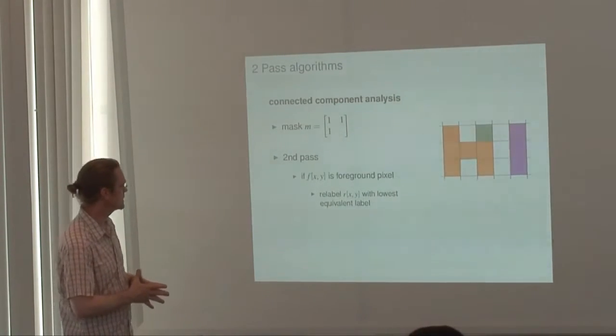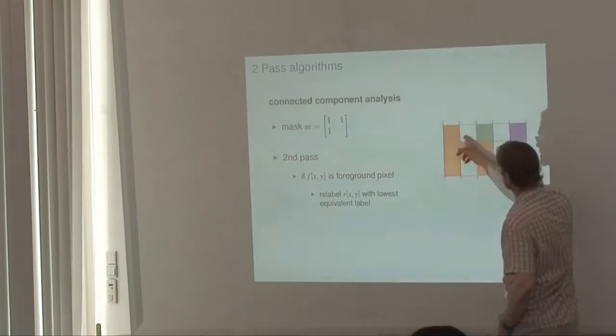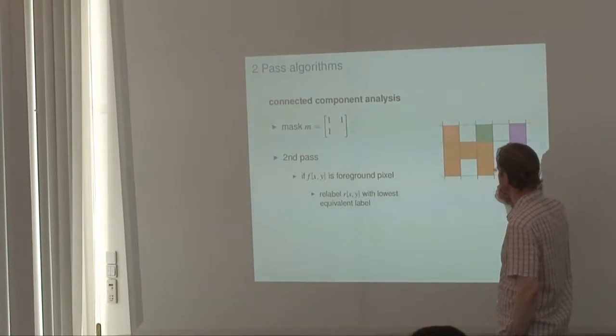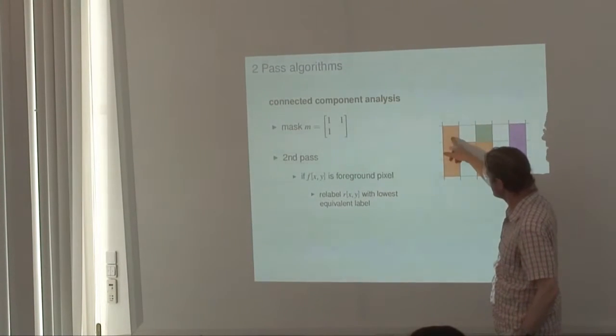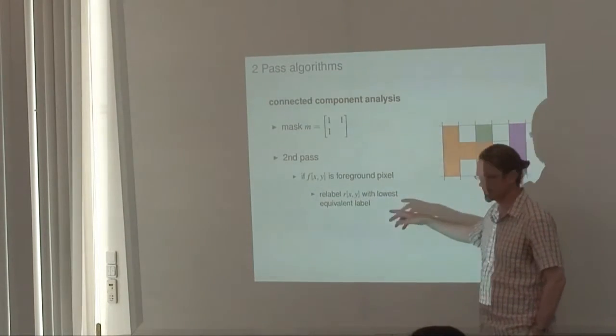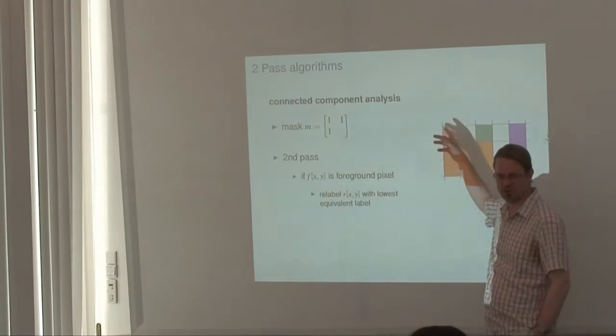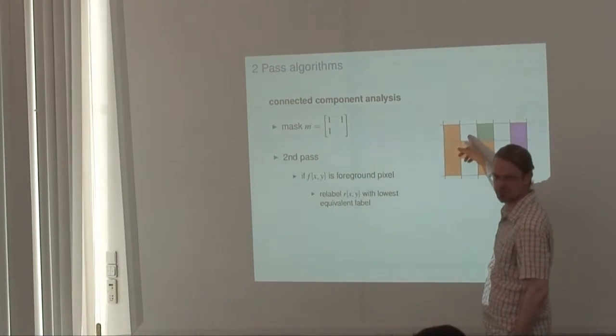What we do here is, in this second pass, we again go over all the pixels and relabel them. So here we would look for the label value with the lowest equivalent label, but for our case, label 1, the lowest equivalent one is 1. Here nothing happens, is a background pixel.